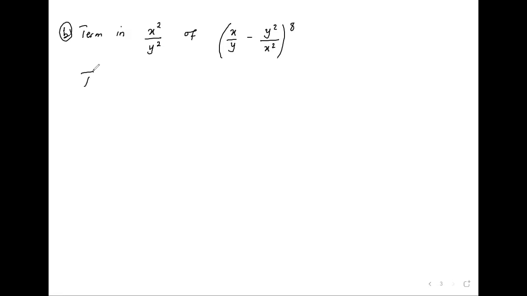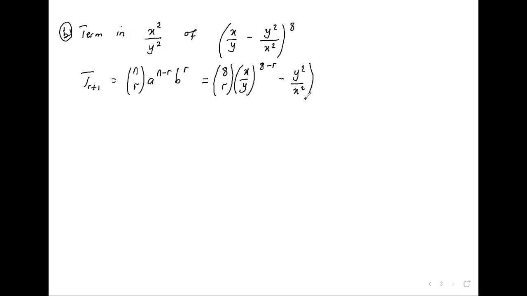So again, you do T(r+1) is nCr, a^(n-r), b^r. n is 8, r is unknown, a is x over y, that's 8 minus r, and then minus y squared over x squared, r.